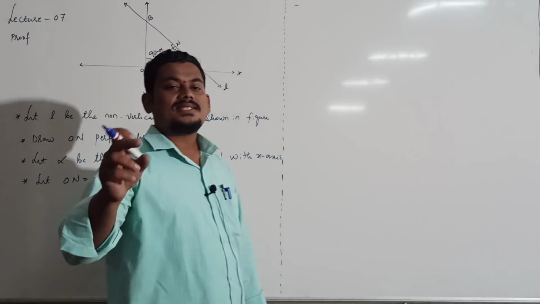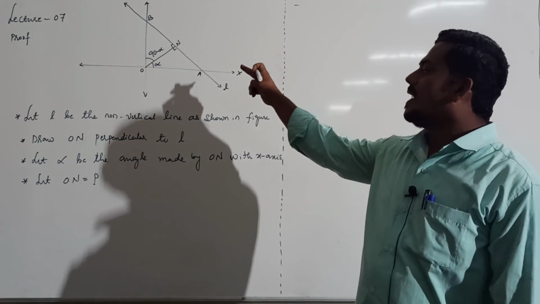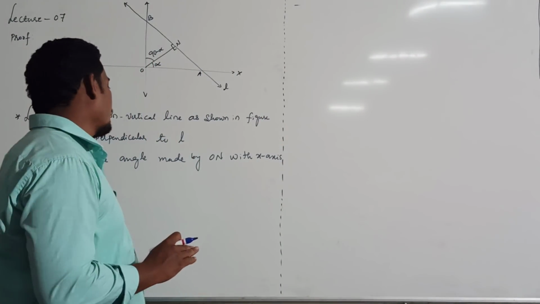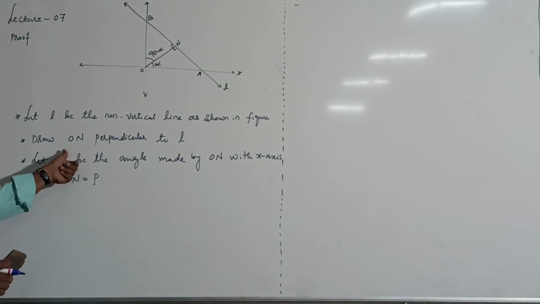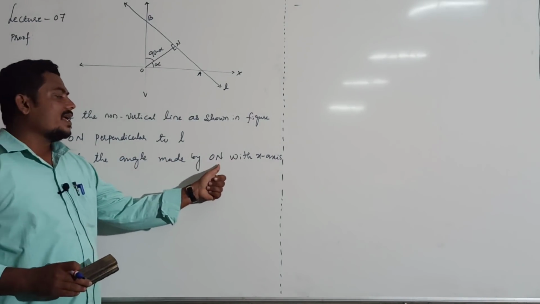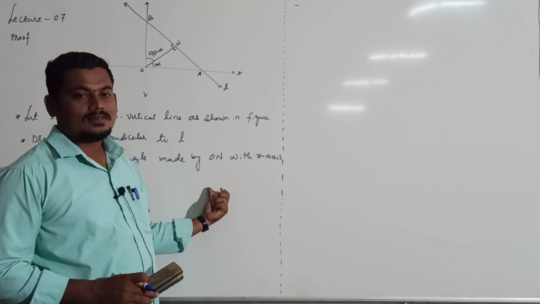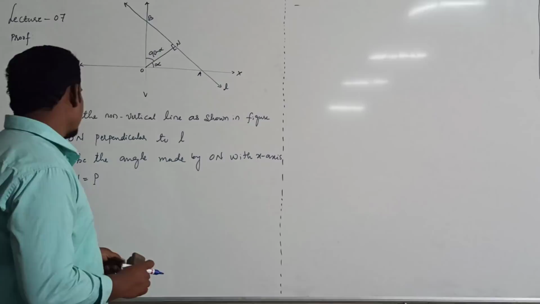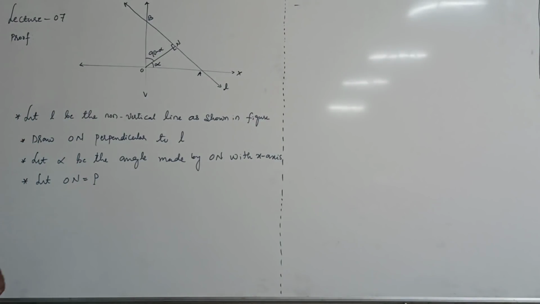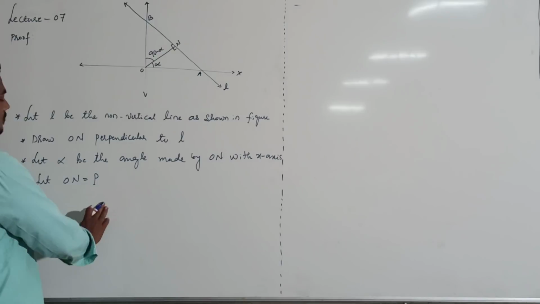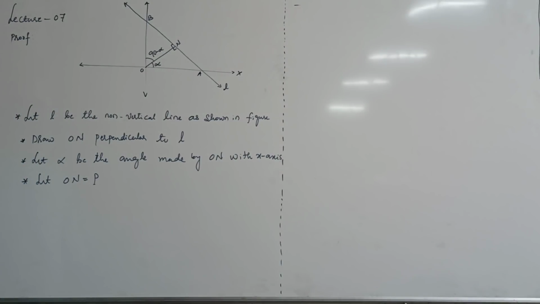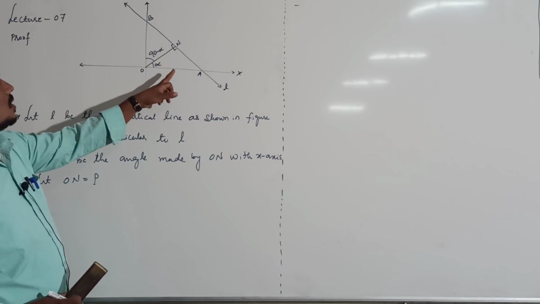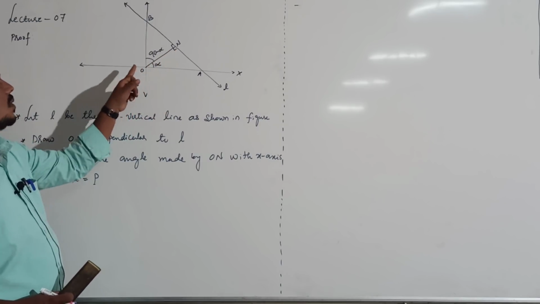Here small p is nothing but the distance between line and origin. Alpha is the angle made by the ON line, means the normal line, with the x-axis. Instead of ON you can use normal line. Let ON be equal to p. After this, look at triangle ANO.